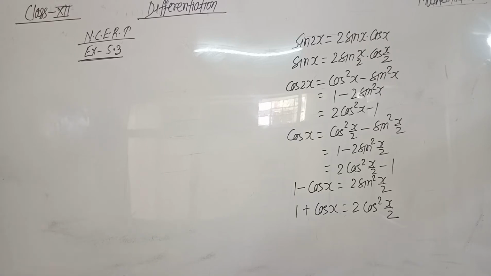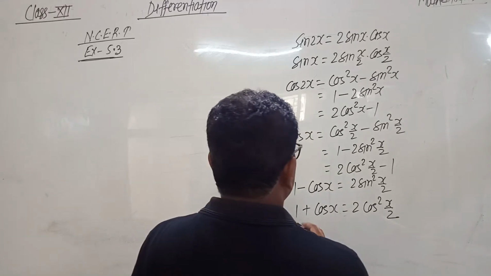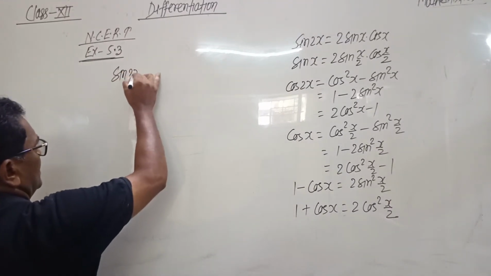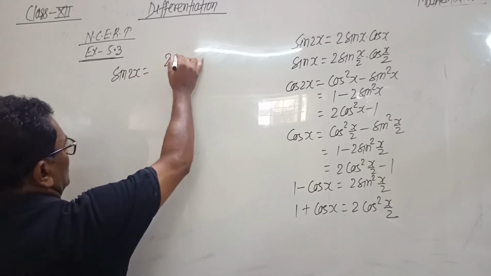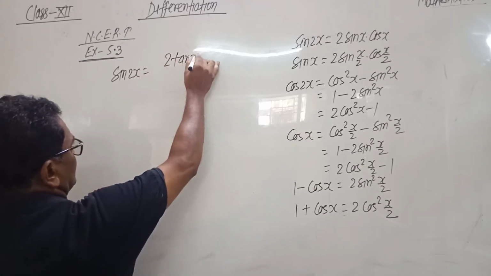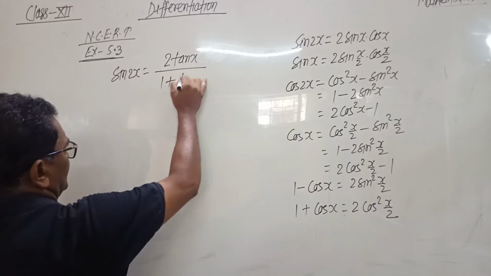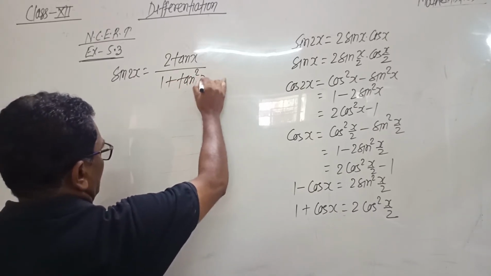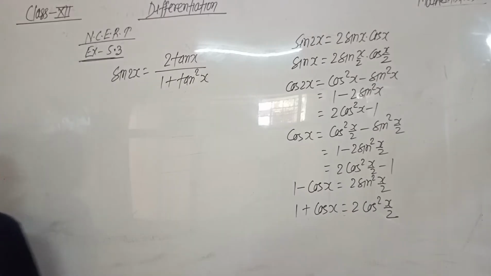The value of sin 2x in terms of tan x: sin 2x equals 2 tan x upon 1 plus tan square x.